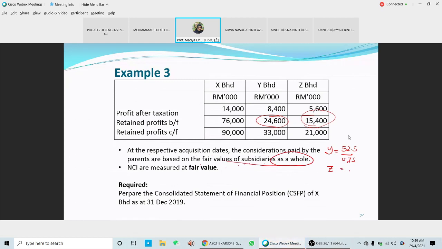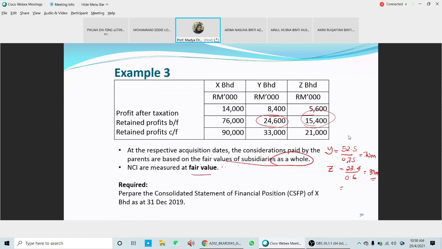For the Z here, the investment here is 23.4, isn't it? This one is divided by 0.6. We want to find the value of the company. So what you have for the value of the company here? This one will be 70 million, and then for this one will be 39 million. So we need to find the value as a whole.